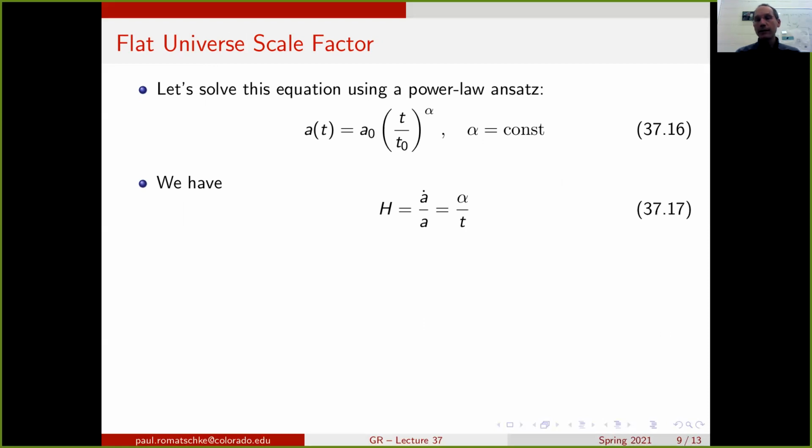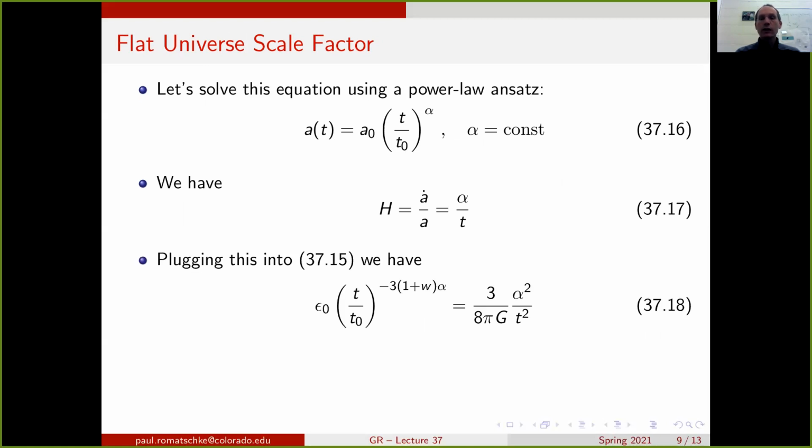It's just alpha over t. And we can plug this back into the Friedmann equation such that it takes the following form. On the left-hand side, we have t over t naught to some power that involves alpha and the equation of state. And on the right-hand side, where we have the H squared, we just have alpha squared over t squared.